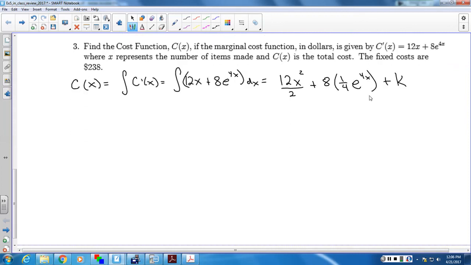And so right now we have our cost function is equal to 6x squared plus 2e to the 4x plus the constant. But we're told that the fixed costs are $238. So that means when x is 0, the cost is 238. I'm going to put that point in.